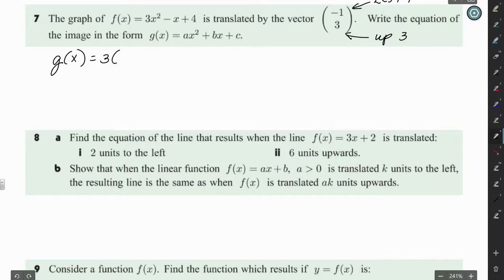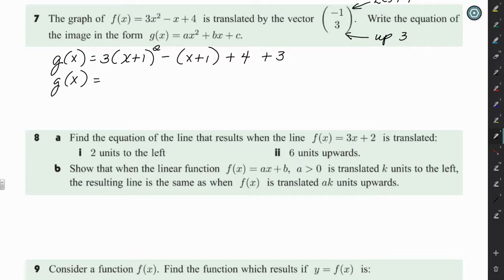So anytime we have an x, we're going to do x plus 1 because we're moving the whole function left 1. And then we're going to tack on that plus 3 at the end because we're moving the whole function up 3. And they're asking us to put this in standard form.